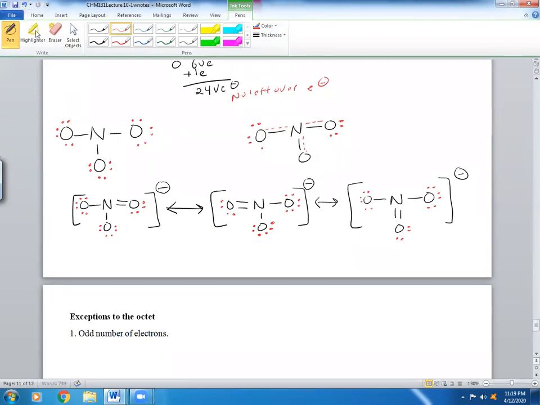So that would be the correct structure, or the hybrid. Be able to just determine how many you have or whether you have any, and if you have multiple, be able to recognize all of them.